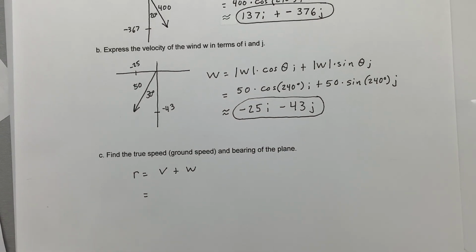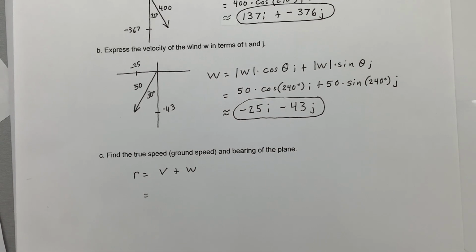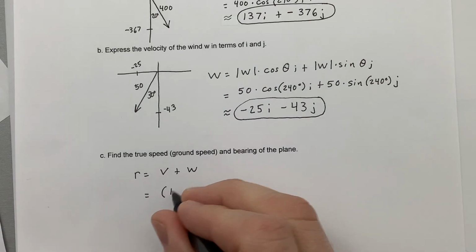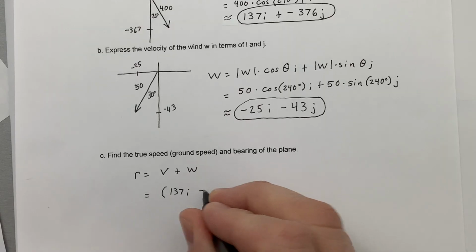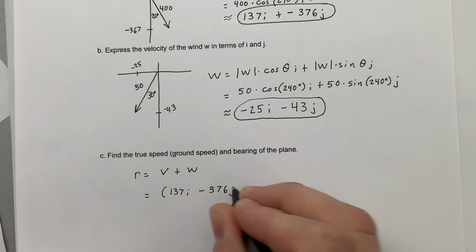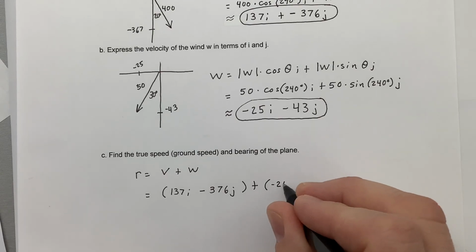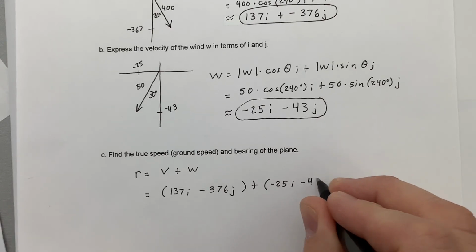It's our I and J of the plane plus the I and J of the wind speed. V was 137I minus 376J. The wind speed, negative 25I minus 43J.